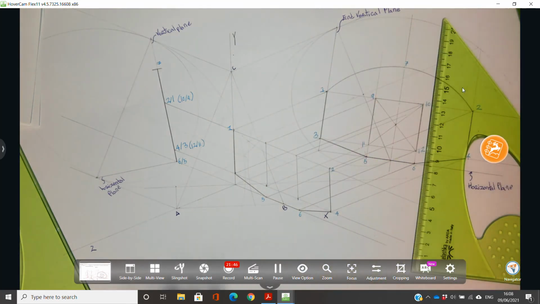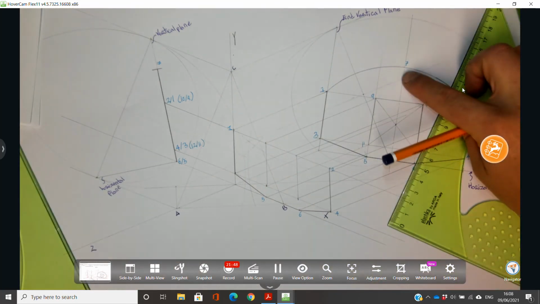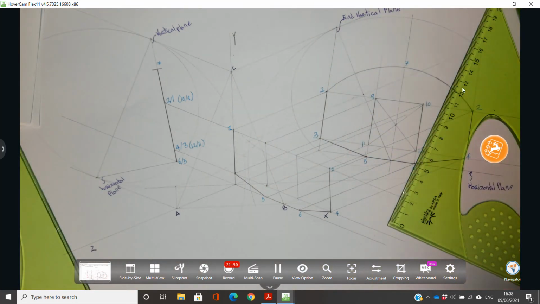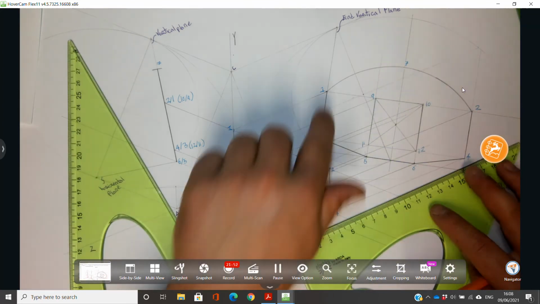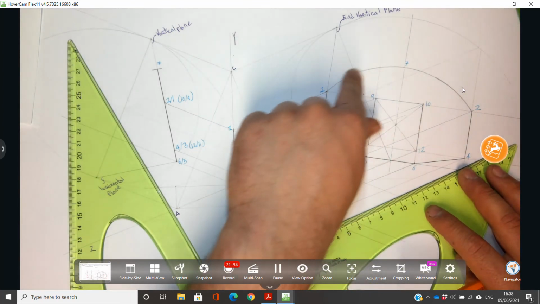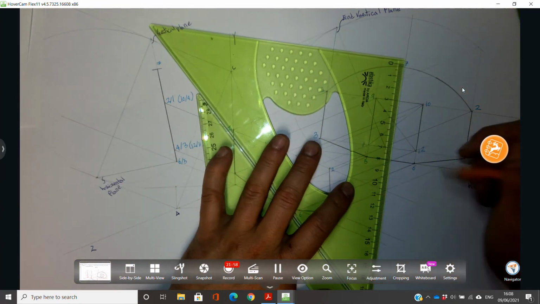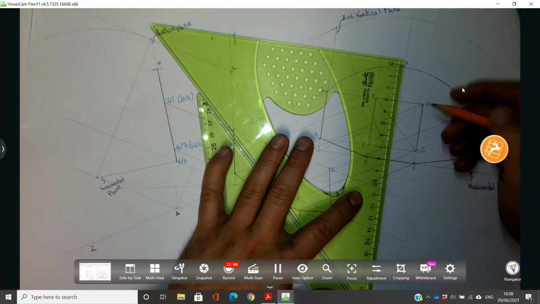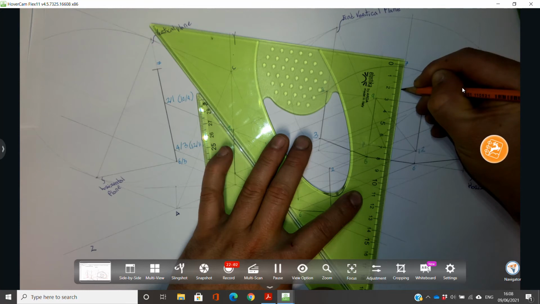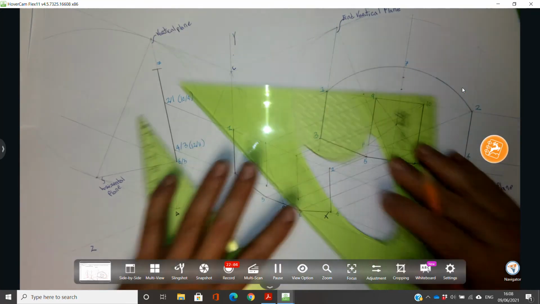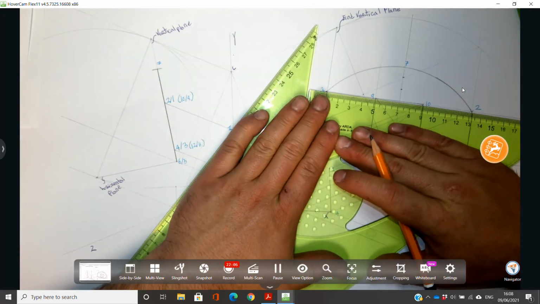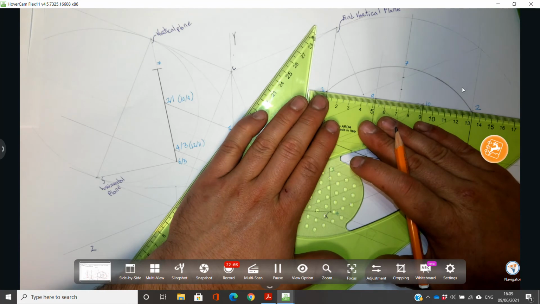Okay, the curve. Alright, so I'm going to divide, you could divide that in theory up into 60/30, but you'd be missing, you'd have to extend it on. So we'll just divide it into segments of 10. So I'm going to go up 10 here, now up another 10, and I'm going to draw lines parallel to the base.